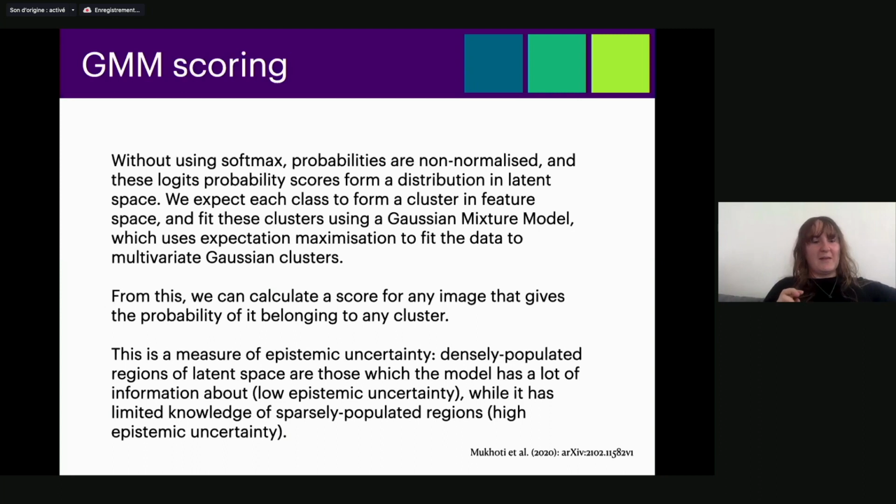This shows the model's epistemic uncertainty by examining the density of sources in latent space. In regions of latent space which are densely populated, the model has a large quantity of information about the sources, so it has low epistemic uncertainty. Sparsely populated regions represent sources the model has limited information about and have high epistemic uncertainty.